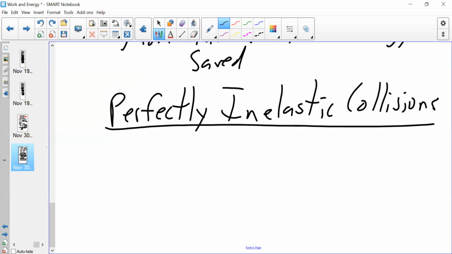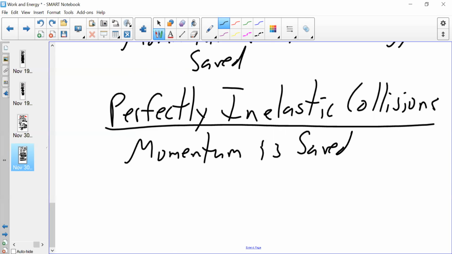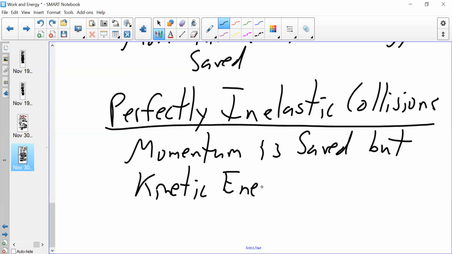Okay, so momentum. That's why I gave that one, problem number 16, to get you to see that the kinetic energy is not saved. Some of it's lost. Okay, momentum is saved, but kinetic energy is not.